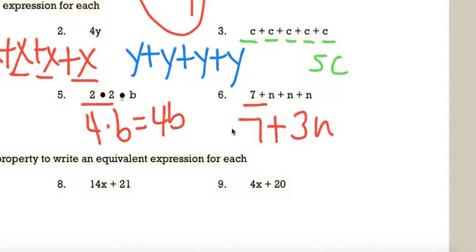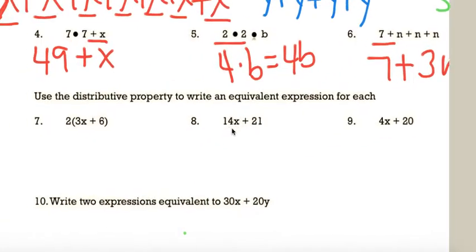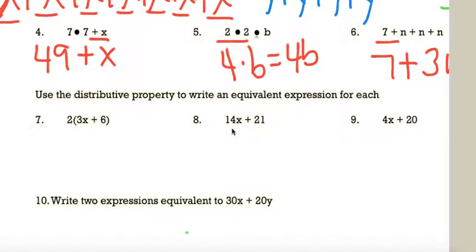Now we're going to use distributive property to write an equivalent expression for each. First we're going to distribute out using the property for number 7 like we practiced last week with Unit 19. So 2 is on the outside and it's side by side, so we multiply. So I'm going to share my 2 or distribute out my 2 with everything that's inside the parentheses.